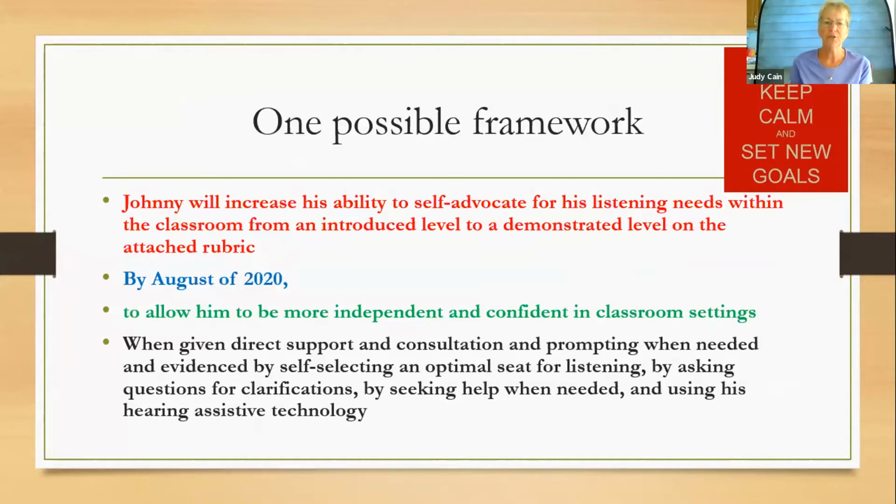So when given the direct support, consultation, and prompting when needed, and evidenced by self-selecting an optimal seat for listening, by asking questions for clarification, by seeking help when needed, and using his hearing assistive technology. So that goal, I think, is extremely detailed and clear, as long as you see the attached rubric. So again, another possible framework to use when you're writing goals.